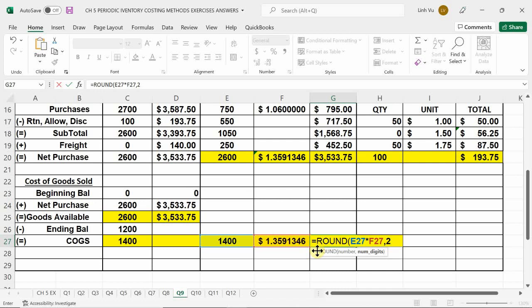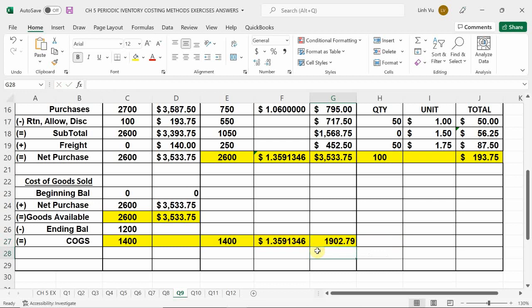$1.359134 each. Okay, so in this case, my total cost of goods sold is 1,902. Good. Okay.